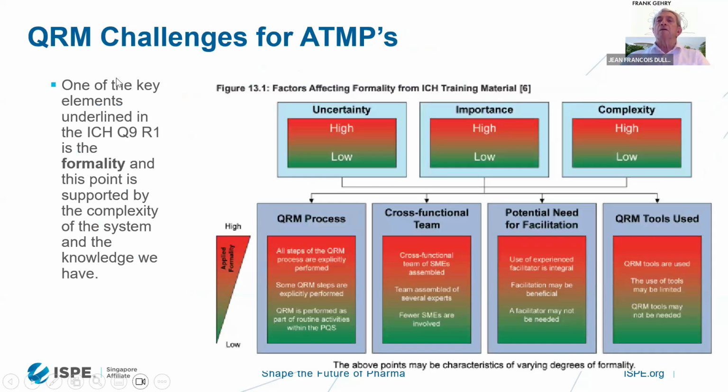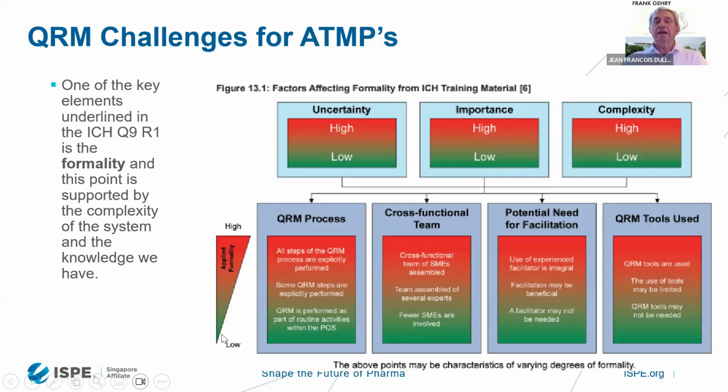Now, one of the challenges of QRM for ATMPs is the formality. When we run a QRM process, we can have a high level of formality and we can have a low level of formality.